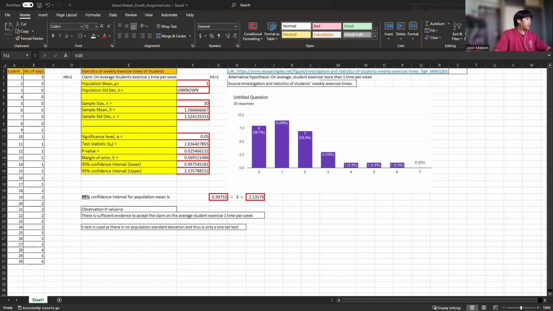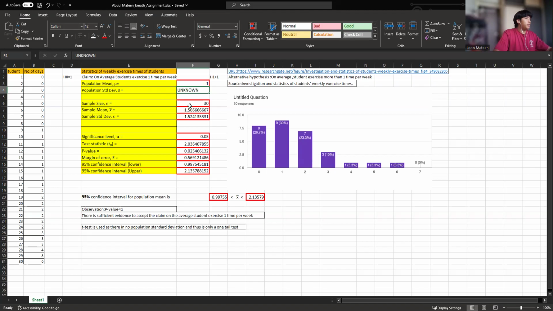So you can see here there's a list of data for a sample size of 30 students and the number of days each student exercises per week. I have here my population mean being 1 from my claim of one time per week, and my population standard deviation being unknown because it's not given.